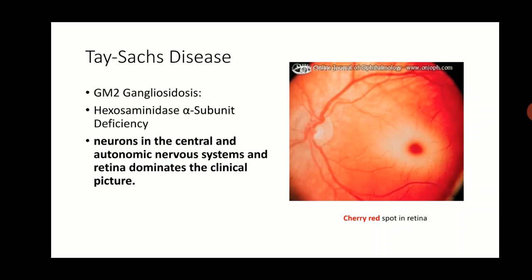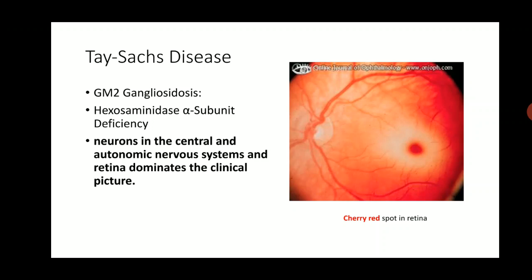Now the autosomal recessive disorders. The best examples are Tay-Sachs disease and Gaucher's disease. Tay-Sachs disease is a lysosomal storage disorder of the type GM2 gangliosidosis. Here the enzyme defect is hexosaminidase alpha subunit.